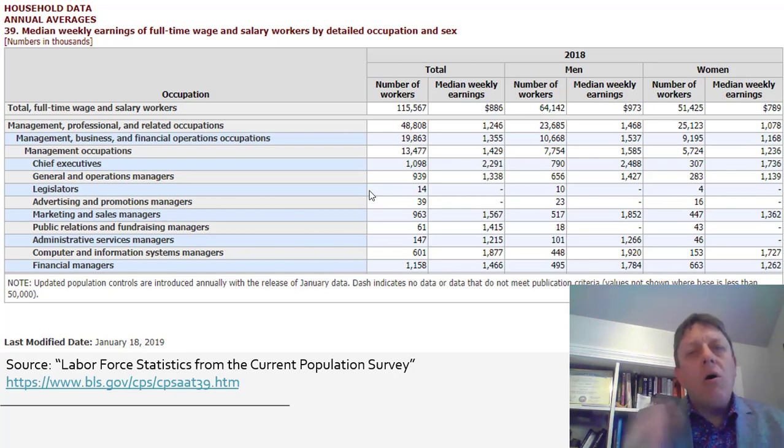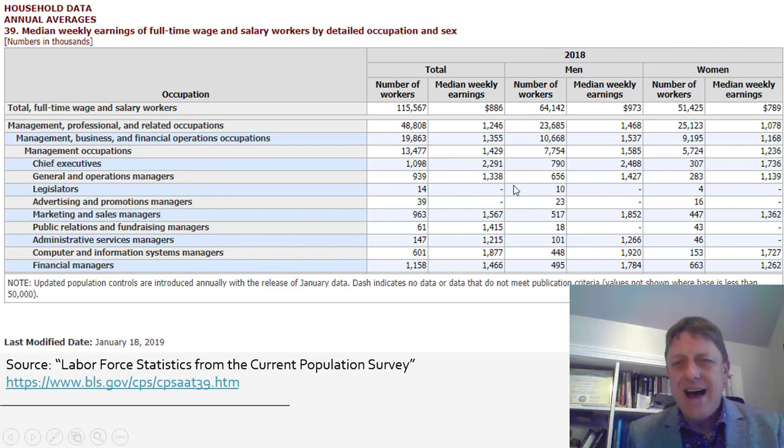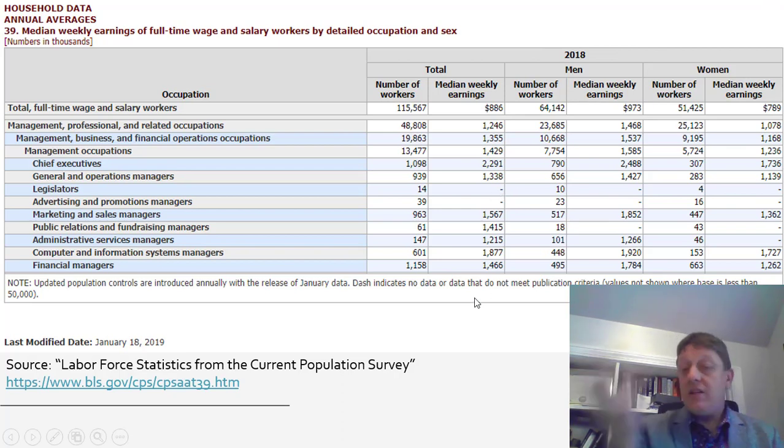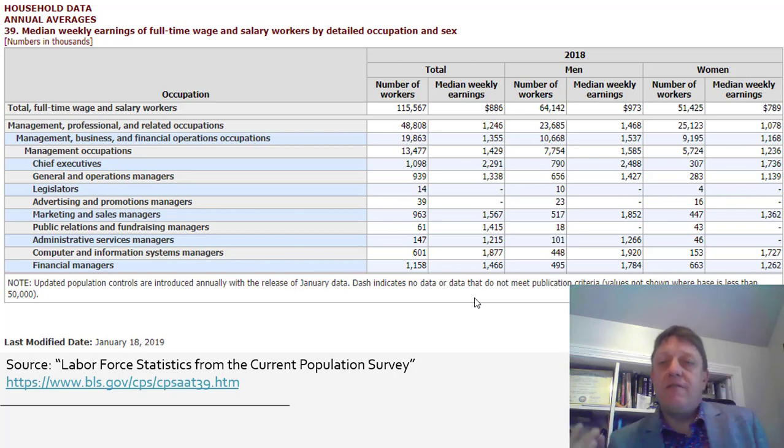For instance, only by looking at below the table do we notice that these dashes mean that either there's no data or there are fewer than 50,000 cases.